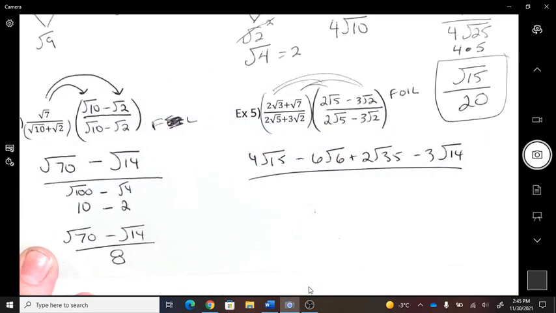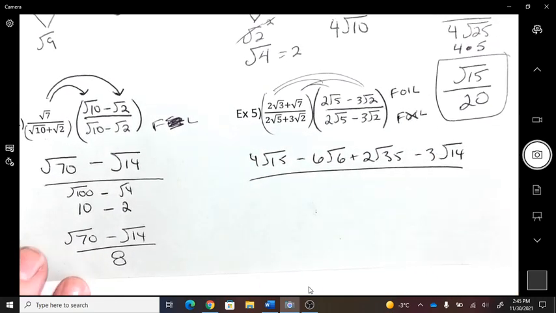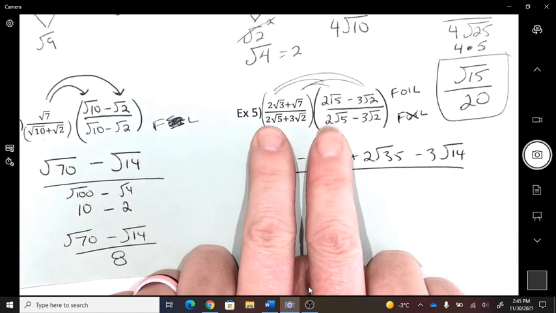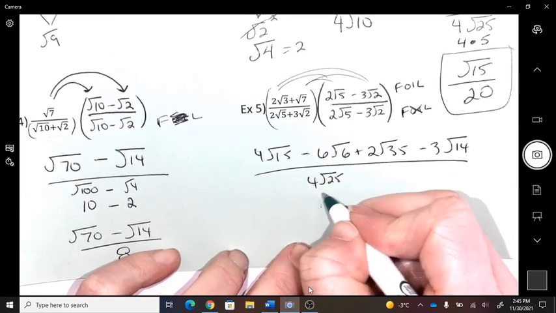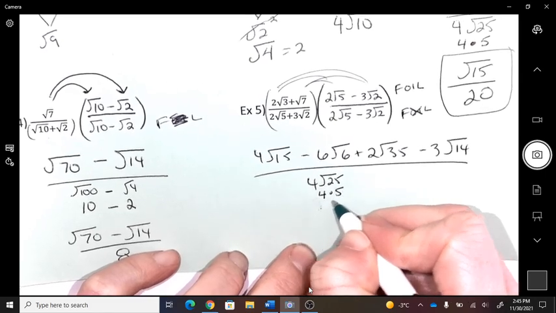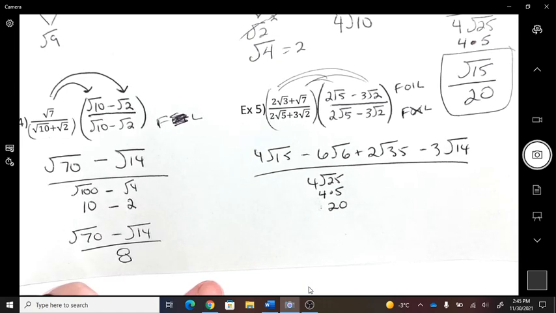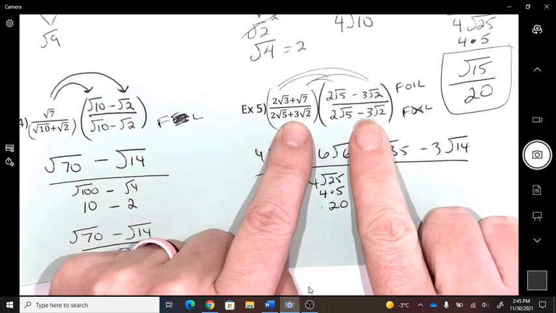On the bottom I can do some cheating though, because my FOIL system, I can just skip, because I know those are canceling. So first times first makes 4 root 25, which would be 4 times whole number 5, which would be 20. Always a subtract, because there's going to be a plus and a minus.